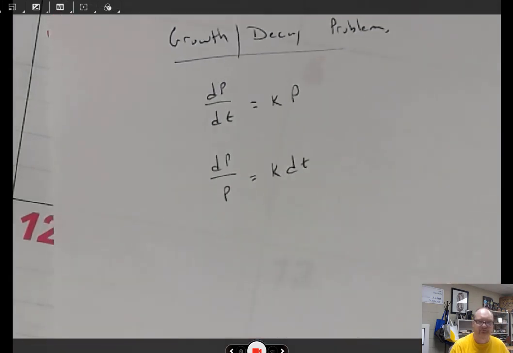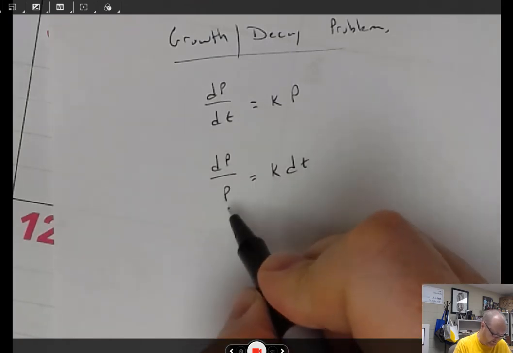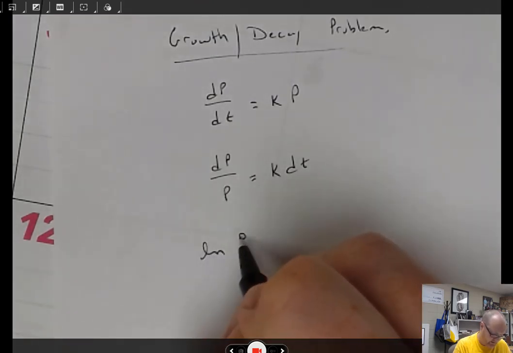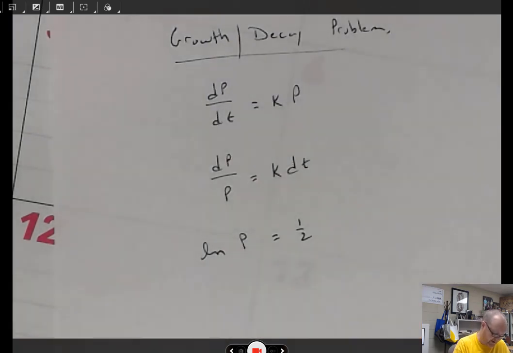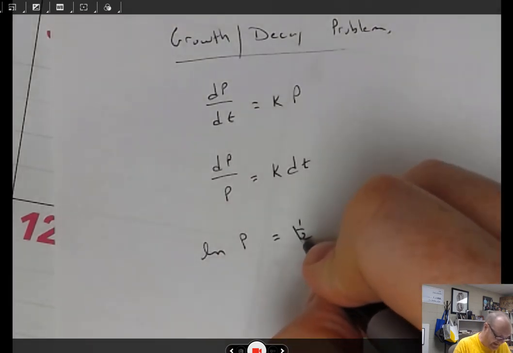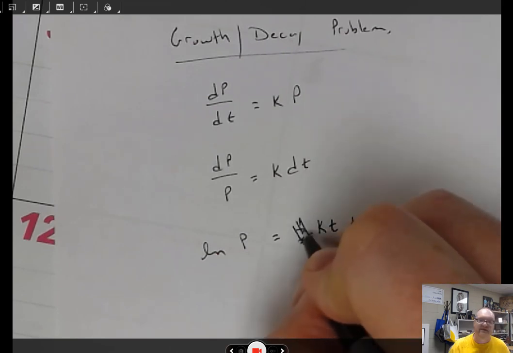So if I divide both sides by p and multiply both sides by dt, then this integrates into a natural log. I'm integrating k's, my mistake, sorry. I'm integrating t's, aren't I? And k is a constant, so that integrates into kt plus some constant c.